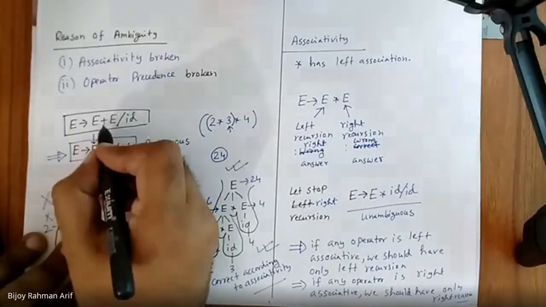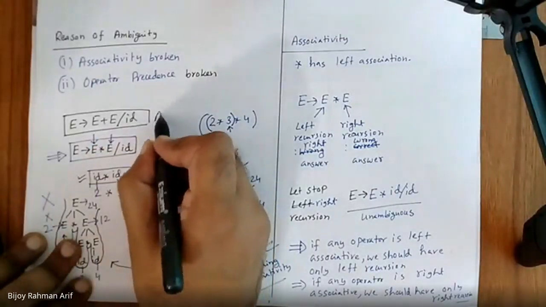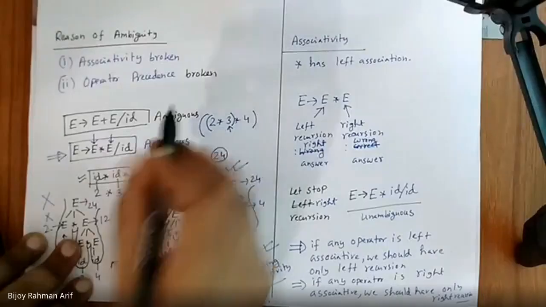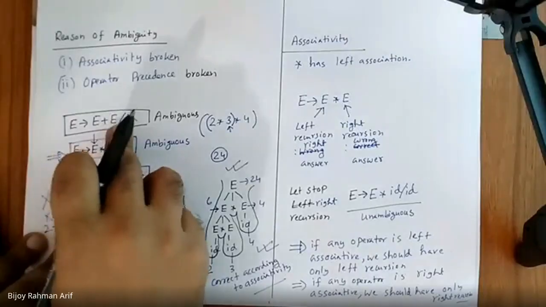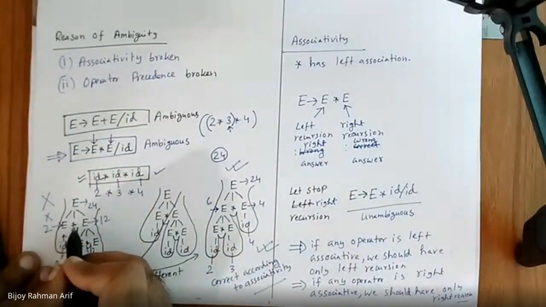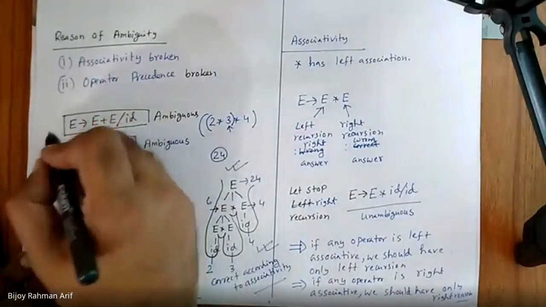Instead of star, if you put plus, it is also ambiguous. What is the reason behind the ambiguity here? Recursion, that means associativity. Same, just replacing star with plus. Still, you get the same problem.